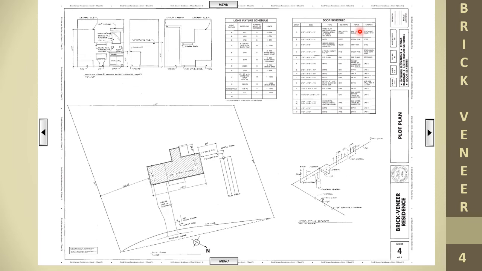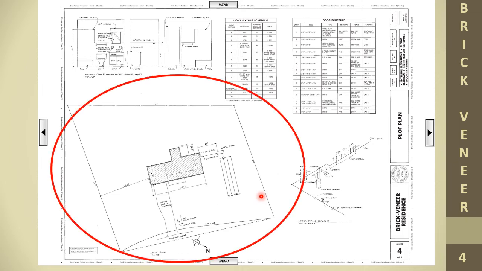Another reason why Rule 3 exists, to take it all together. If you were handed the plot plan and you wanted to know the light fixture schedule or the door schedule, you wouldn't think to look on this drawing. That's why you need to look at them all at the same time.